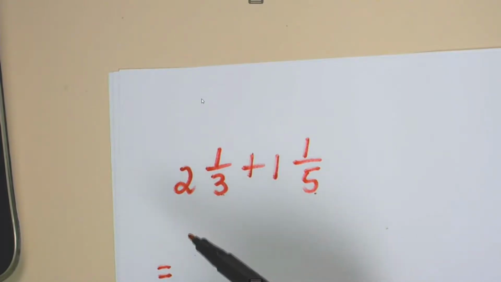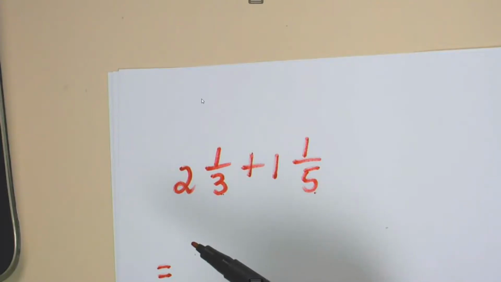One might ask, what is an improper fraction? Remember, guys, we have dealt with improper fractions in grade 6. An improper fraction is a fraction where the numerator is bigger than the denominator. In other words, the number on top must be bigger than the number at the bottom.